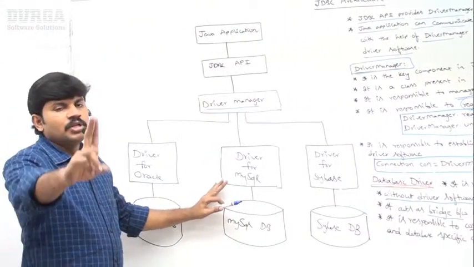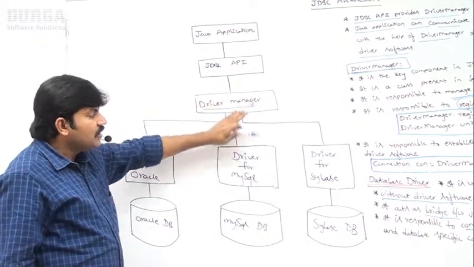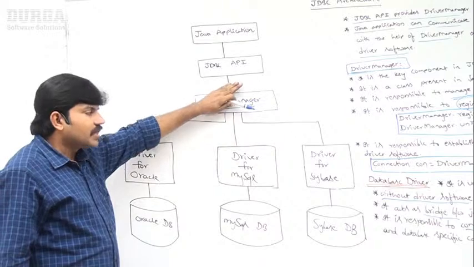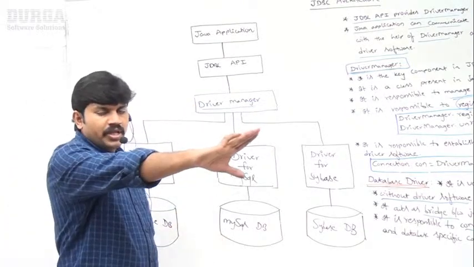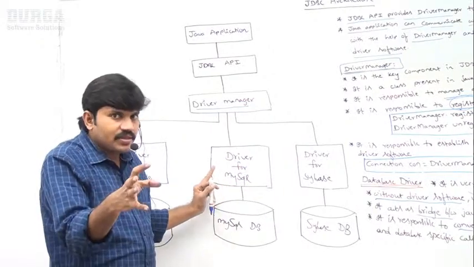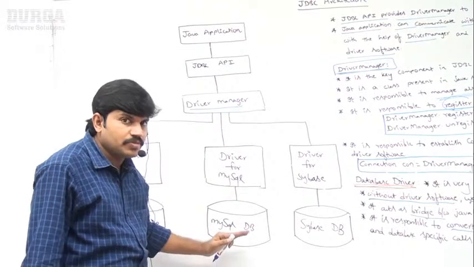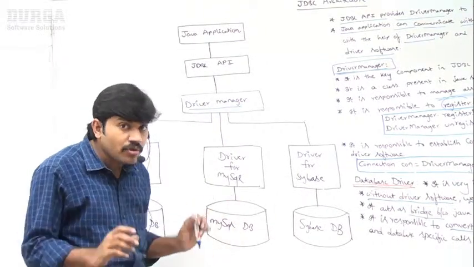Here there are just 2 points. One is the driver manager, second one is the driver software. Driver manager is responsible to manage all activities related to these drivers. Driver is responsible to convert Java calls into database specific calls, and database specific calls into Java calls.